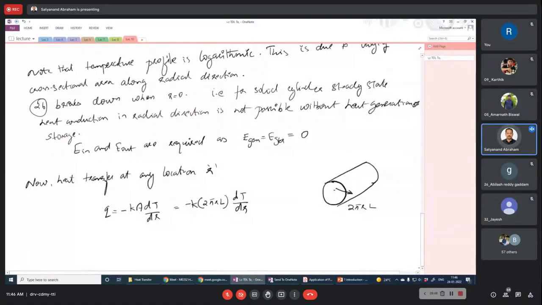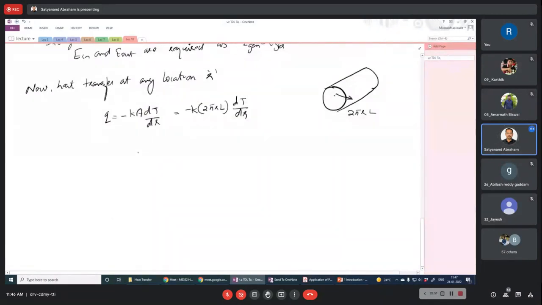Therefore this can be written as Q is equal to minus K 2 pi r L into (T2 minus T1) divided by ln(R2 by R1), right?